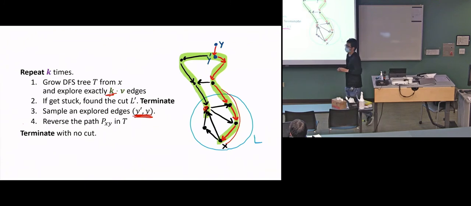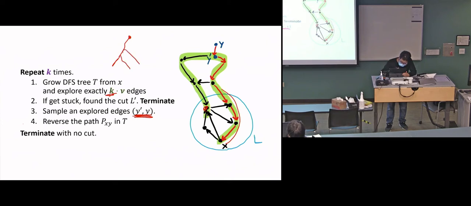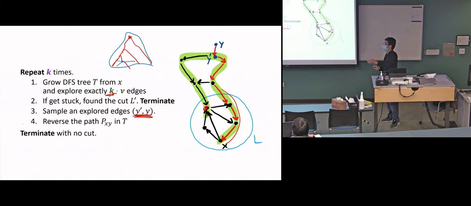You explore here and here and here and maybe here, and this node might have some more edges here, right? So you really just look at the volume of the set you have been exploring.